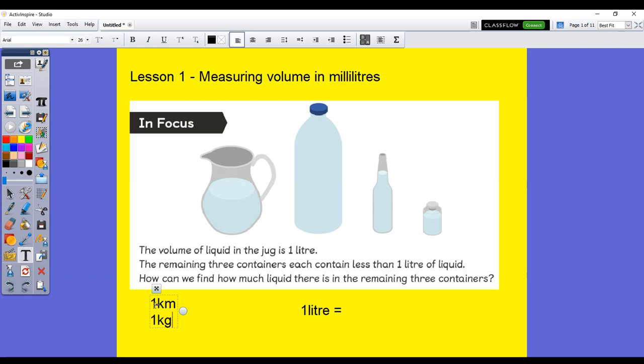So if we know that 1 kilogram and 1 kilometre is 1,000, how much do we think 1 litre would be then? Okay, I think you might know 1 litre is 1,000 millilitres. Okay, so you need 1,000 millilitres to make 1 litre. So we need to find out how much liquid is in these 3 containers.